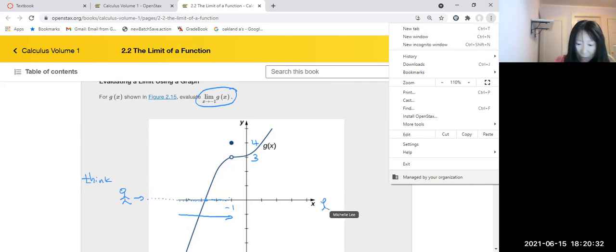That's correct. So I'm standing here, I'm approaching x equal to -1, right? So my graph g of x is there, okay? Okay. So I'm wearing high heels and they go there when x equal to -1.